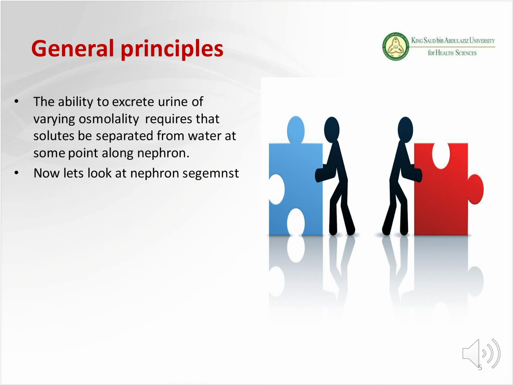And you remember there is one part of the nephron that is reabsorbing water but is impermeable to any other solute, and there is a segment of the nephron that is impermeable to water but permeable to solute. That is the loop of Henle.